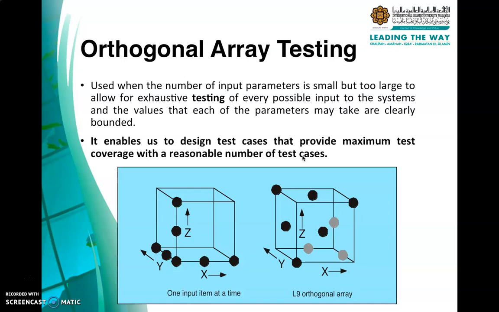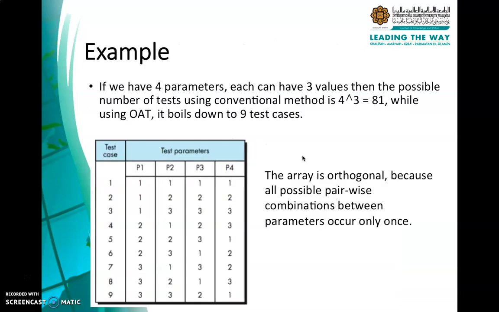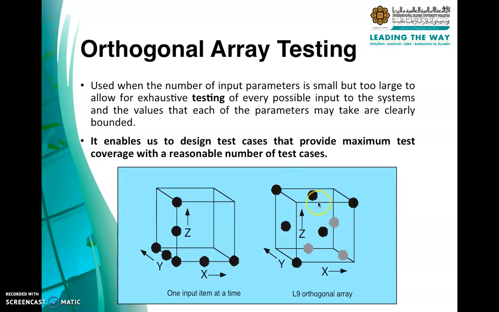Okay, there's one example here to illustrate orthogonal array testing. If there is one input at a time, of course using the conventional method, we can accept the input and design a test case in such a way.